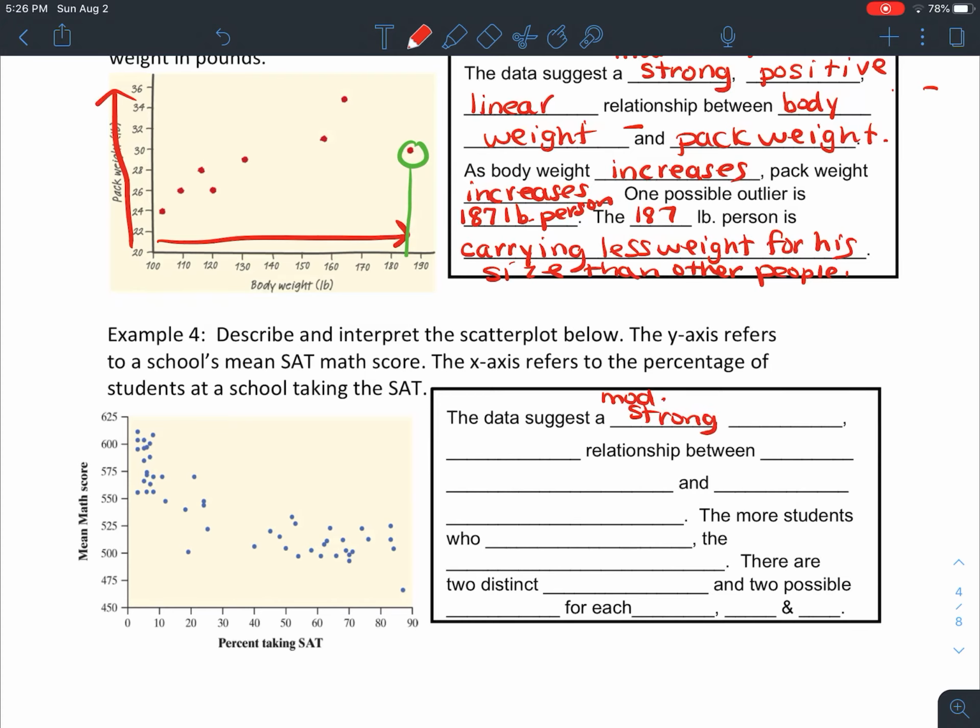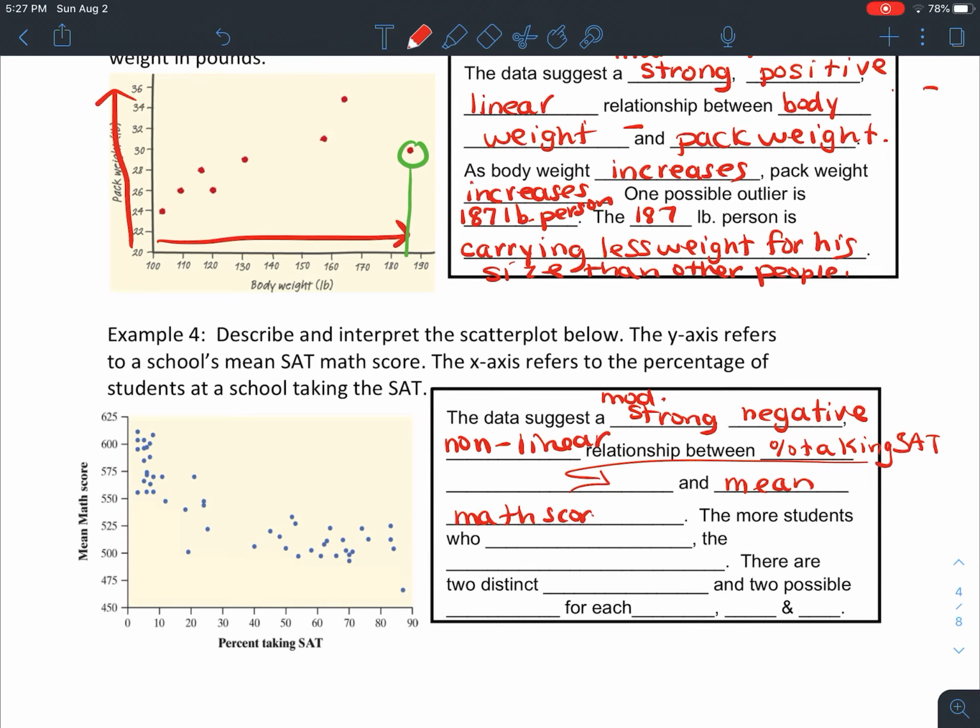So I'm going to say the data suggests a moderately strong, it's definitely negative because it's going down as we move from left to right, non-linear relationship between percent taking SAT. Oh, I put all that on the line. We could move some of that down here.